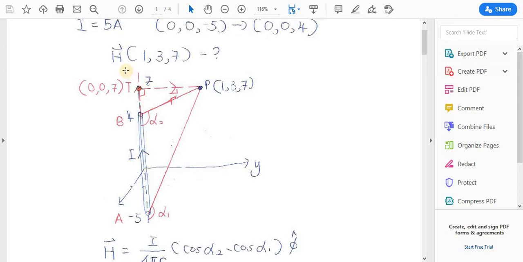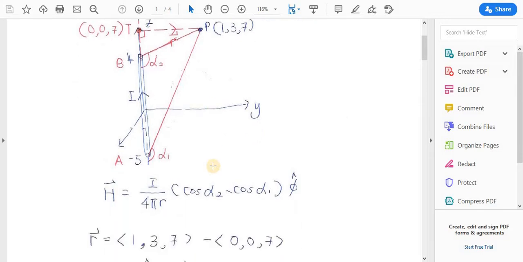Next, let's look at the observation point, which is (1, 3, 7). You can just estimate that it is somewhere here. What should appear in your mind when you need to use the Biot-Savart law to find the magnetic field?